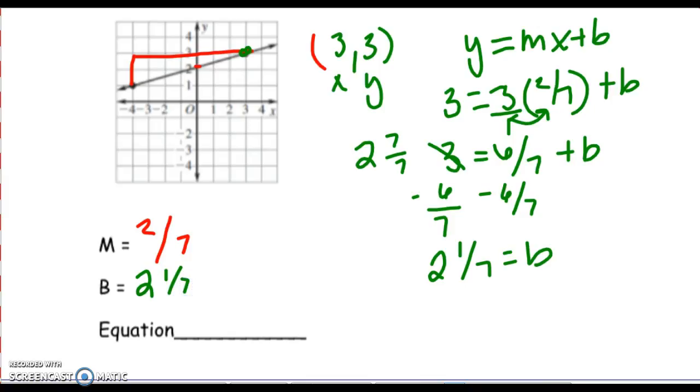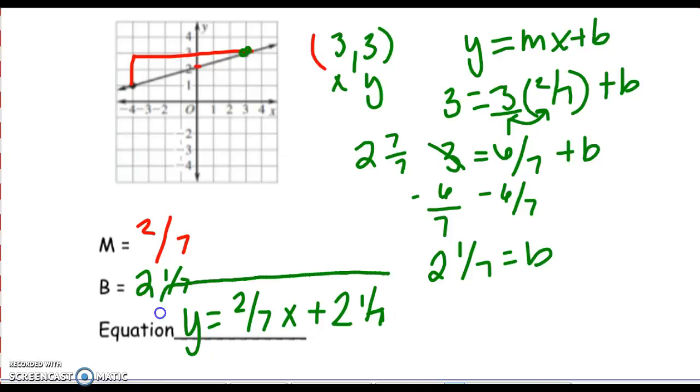Or you could have turned it into 3 over 1 and then 21 over 7, and in that case, you would get 15 sevenths. So y equals m, which is 2/7, x plus 2 1/7, or you could have it as an improper fraction.